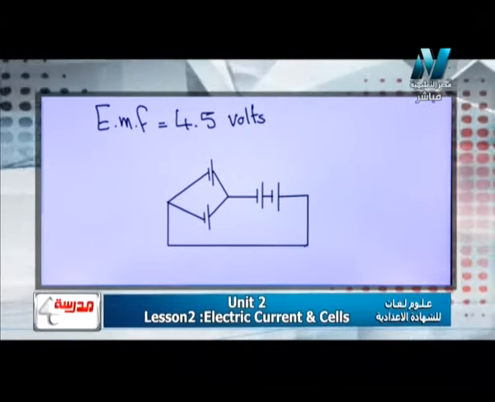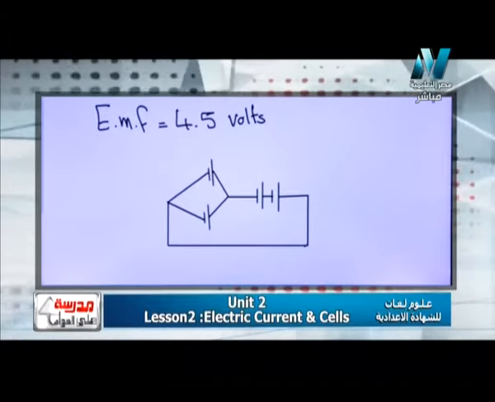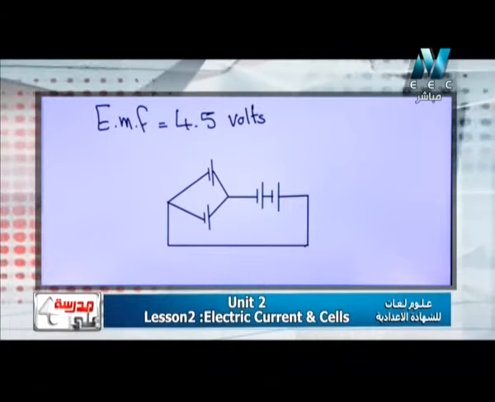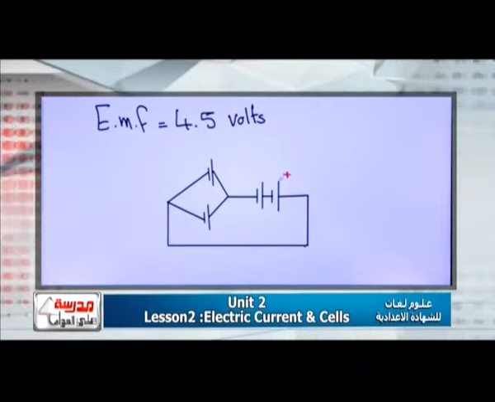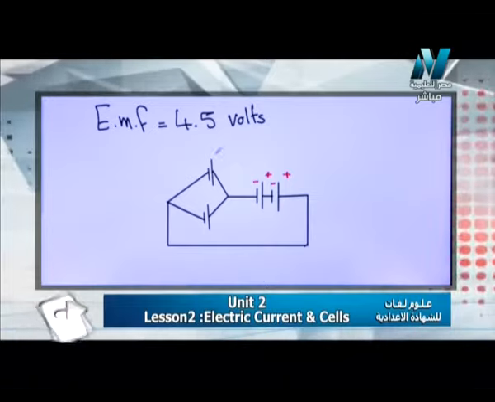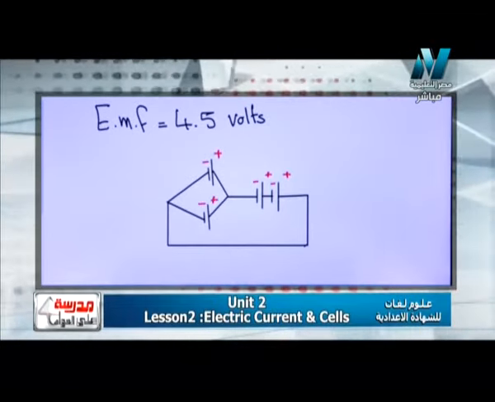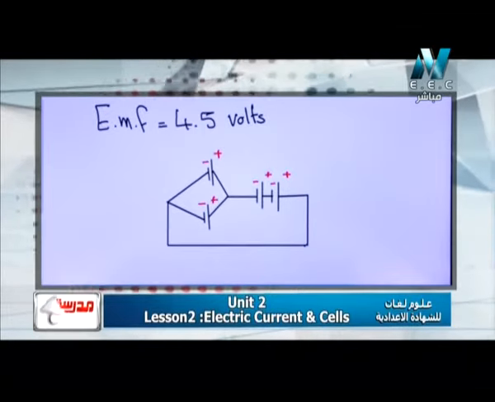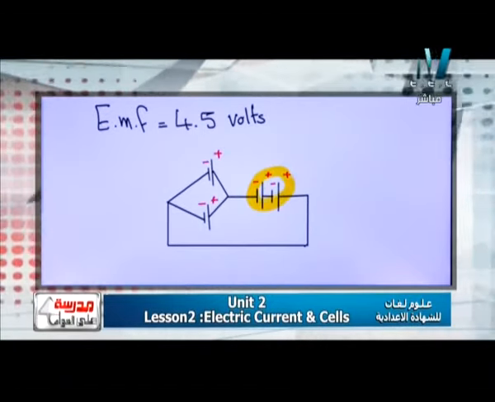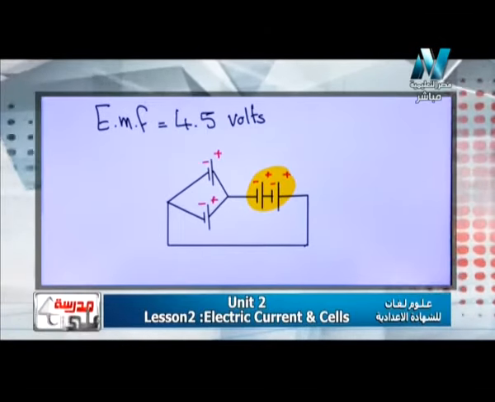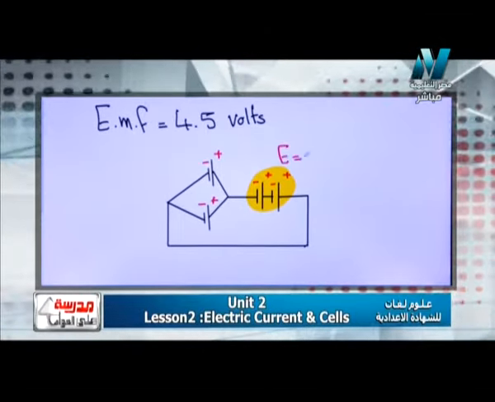As we have here, number 1, positive, negative, positive, negative, positive, positive, negative, negative. Here in this part only, we have series connection. So E equal 1.5 times 2 equal 3 volts.